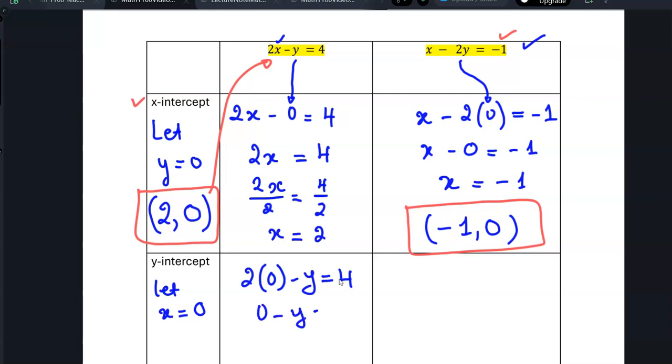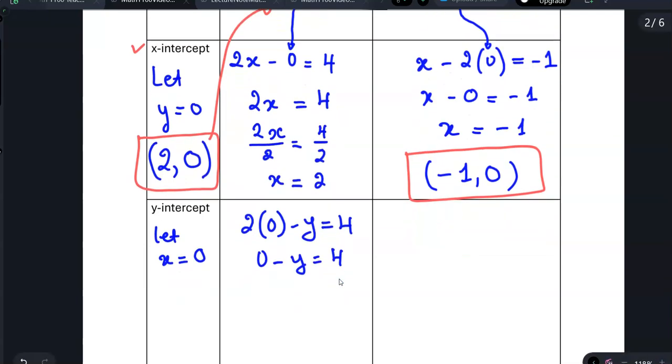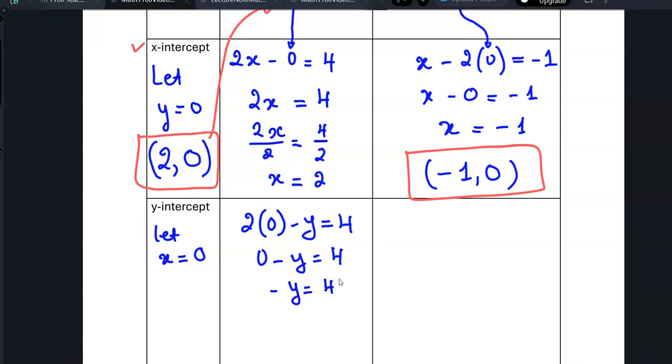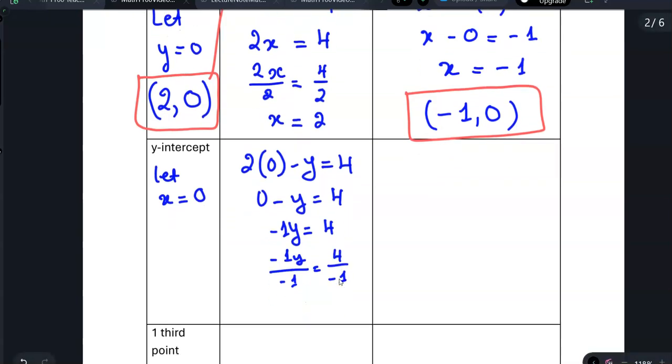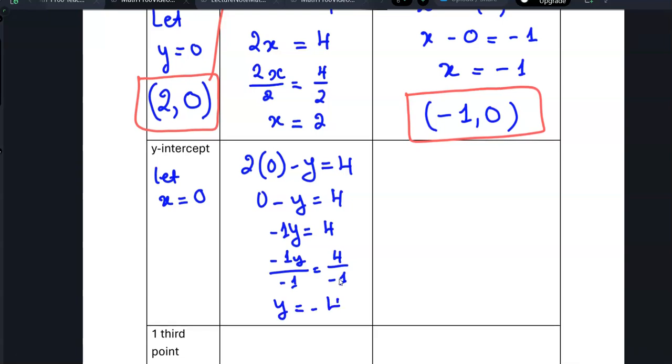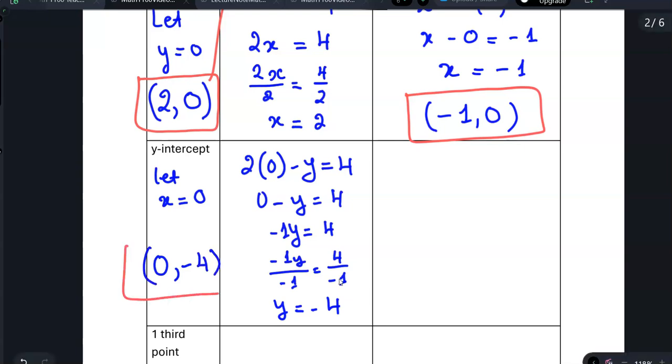So 0 minus y equal to 4, and minus y equal to 4. So you have here an invisible minus 1. So you divide both sides by minus 1 to get rid of this. So therefore I have y equal to minus 4. So the second point I have for this is when x equal to 0, y is equal to minus 4 for this particular equation. Alright, okay.